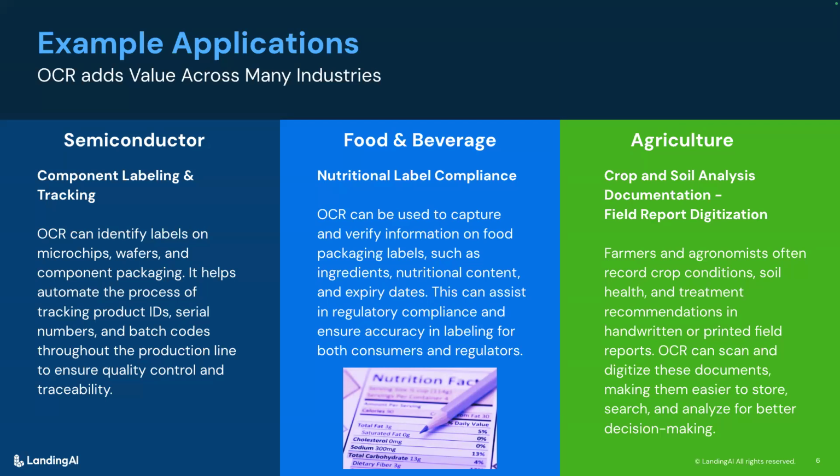So here, once again, looking across many different industries, we see for semiconductor, the opportunity, if you've ever walked into a wafer facility and see there's a lot of complex processes happening where lots and components are being ferried throughout the facility, and have lots of information that are very important to track the specific lots, including product IDs, serial numbers, and batch codes.